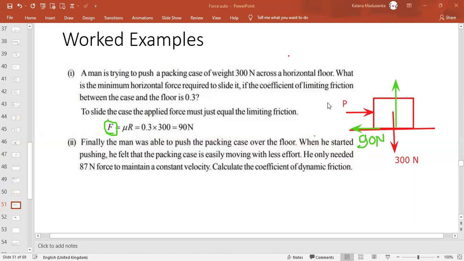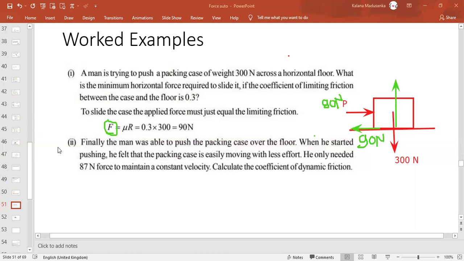Yes, it is the minimum force required. If I apply 90 Newtons, is the object going to move? No, it is not going to move. However, that is the maximum or minimum value required. Now, if I apply 90.1, then the object goes into motion.